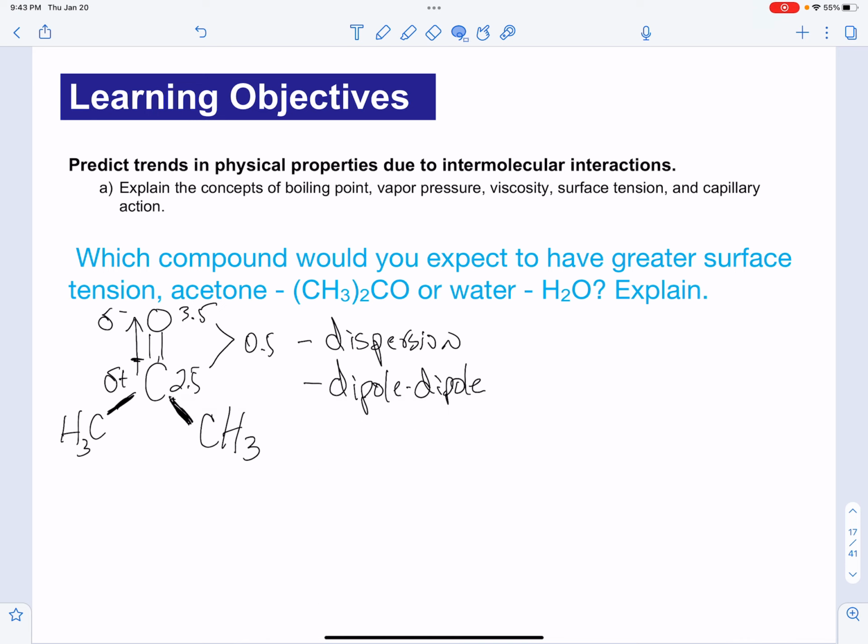What about water? The Lewis structure for water is going to produce, after analysis with VSEPR, a bent molecule. The polarity of the bond is going to give us a polar covalent bond here and another polar covalent bond there.